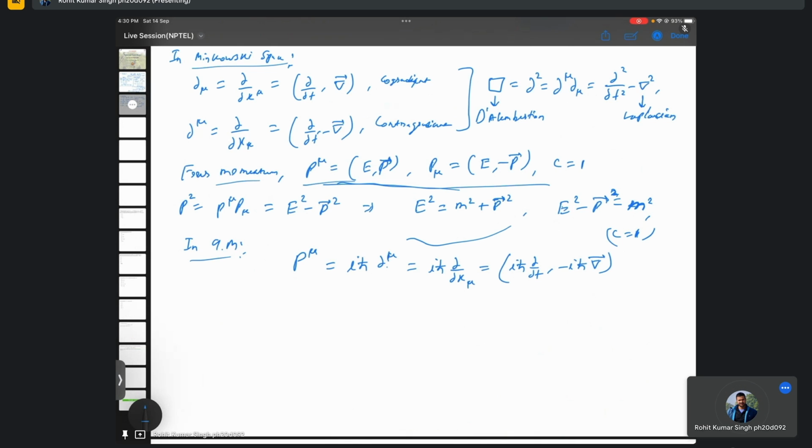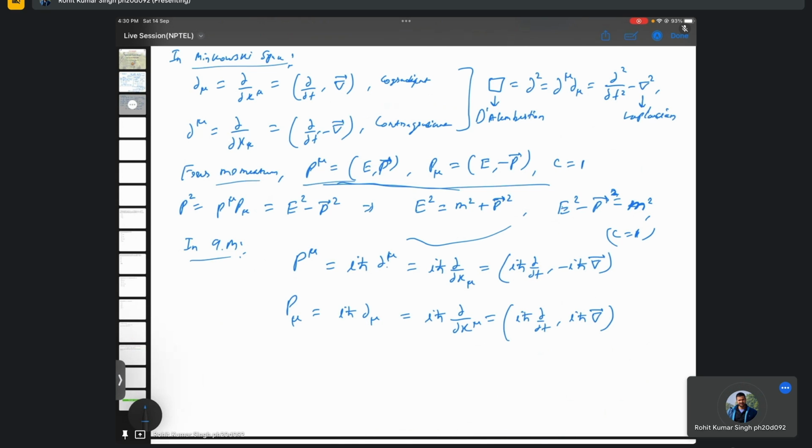Similarly, the covariant one, you can write it like this.